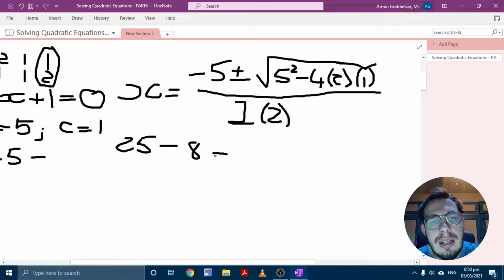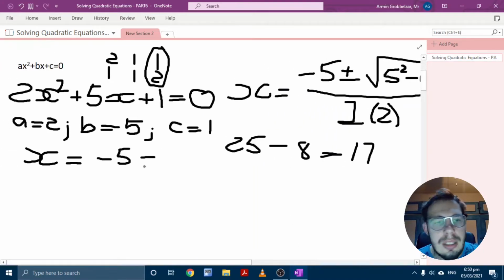So that is equal to 17. So I can say the 1x is equal to minus 5 minus the square root of 17 divided by, now 2 times 2 is 4.